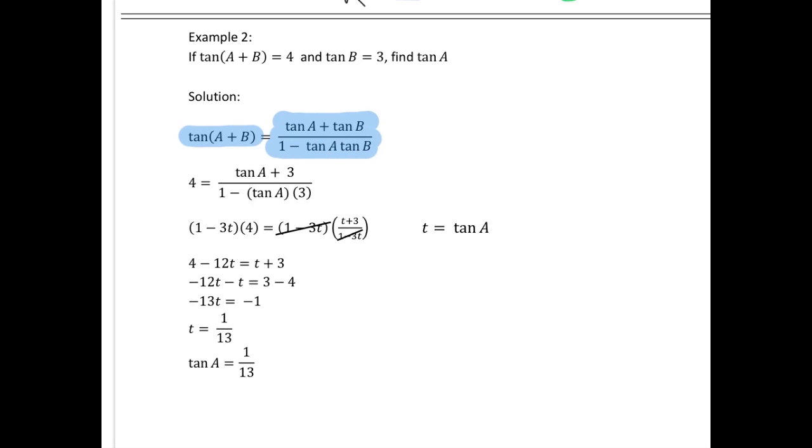We know from the question that tan of A plus B is equal to 4, so the left-hand side is just 4, and we fill in the values given in the question, where we have tan A as our unknown, and we know tan B is 3.